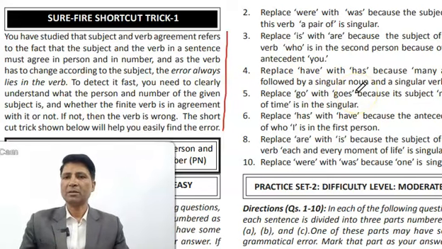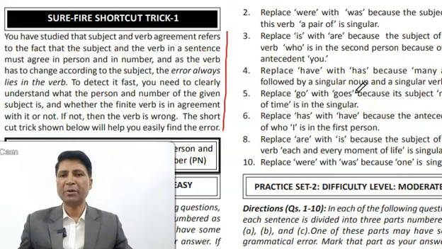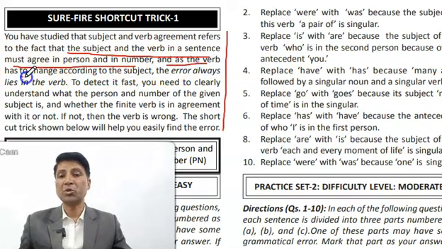It says, you have studied that subject and verb agreement refers to the fact that the subject and verb in a sentence must agree in person and number, and as the verb has to change according to the subject, this part must be kept in mind.